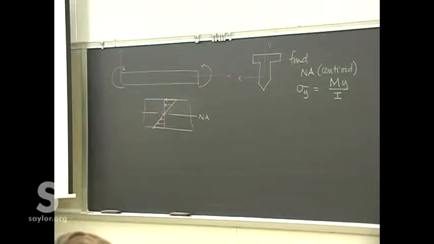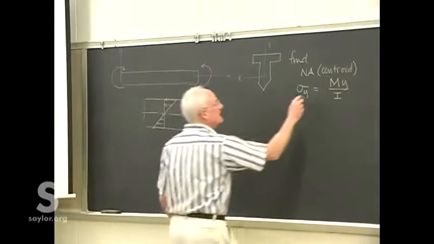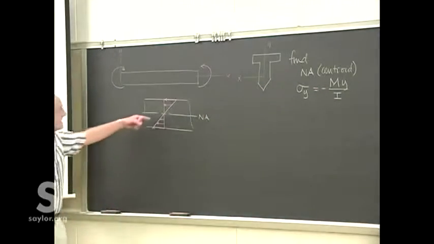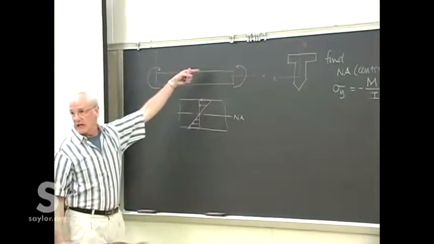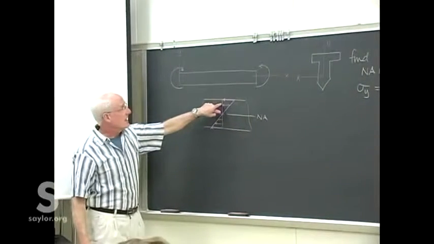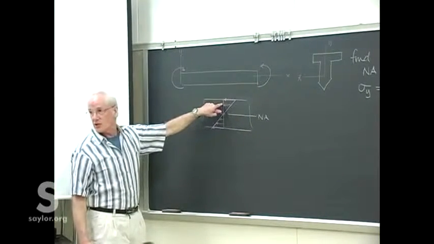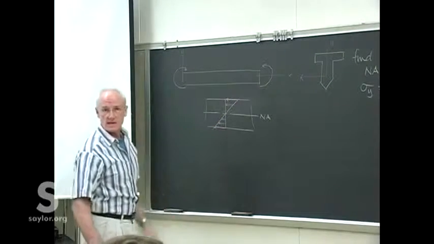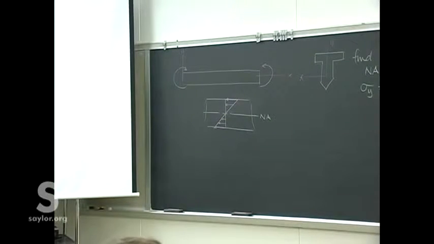Chris, you okay? You look like I might have put something up there wrong. Technically, there's a minus sign here because positive y was up, but that gave us a compression for this positive moment. Remember, this was our convention for positive moment.